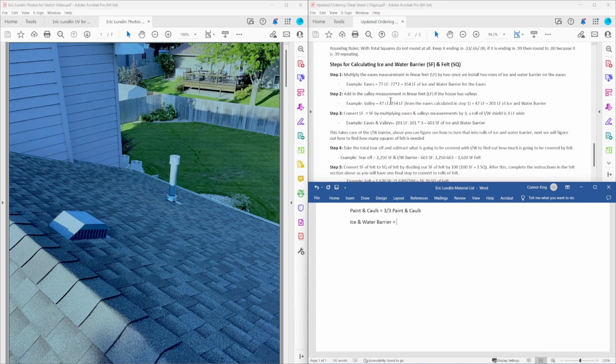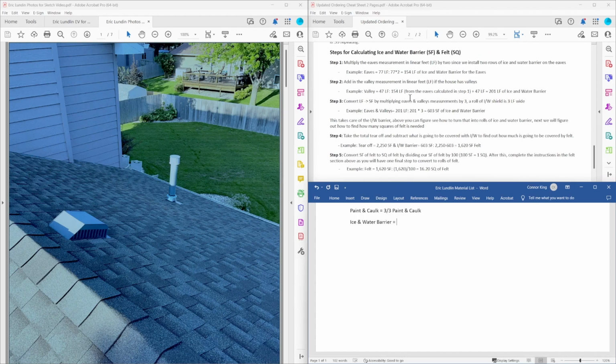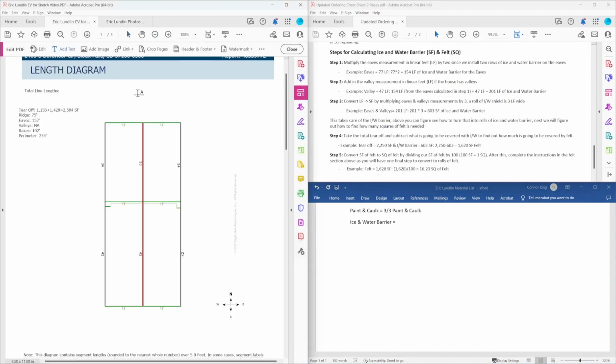barrier in felt. So the first would be multiply the eaves measurement in linear feet by 2, since we're installing 2 rows of ice and water barrier on the eaves. So we're going to take 152 times 2. That gets 304 for step 1. Step 2 is add in the valley measurement.